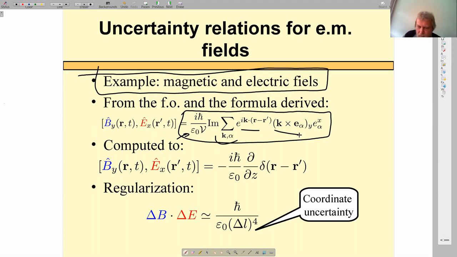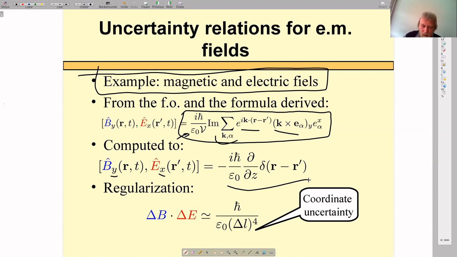I don't really know how to compact it immediately. After looking at this attentively, after taking all these limits, one comes to the following. Again, it's for specific components x and y. That's how the uncertainty looks.